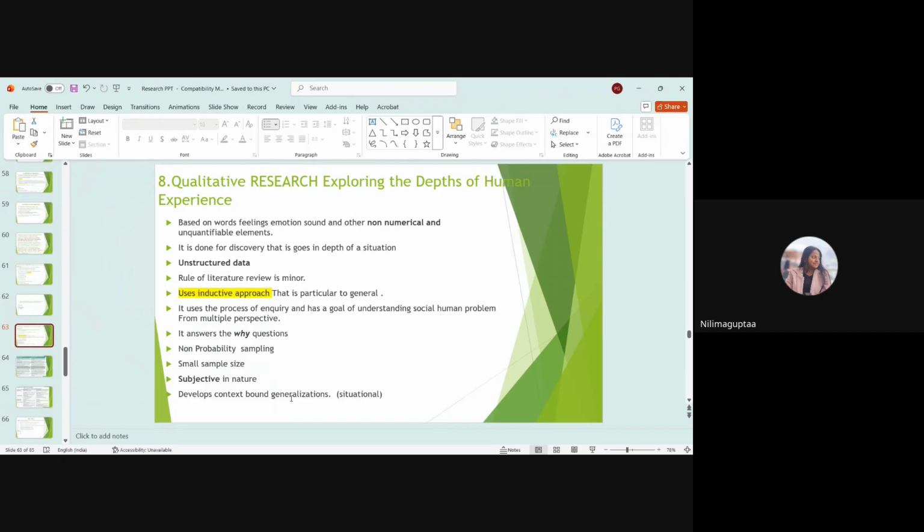I've seen that the person was an extrovert, but because of certain life phenomena, he or she has turned into an introvert. Now, this is situational to that person. When I study another case of an introvert, the situation might be different.